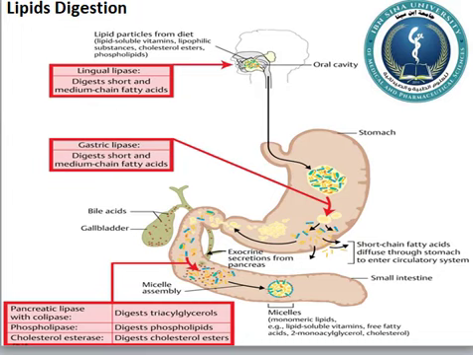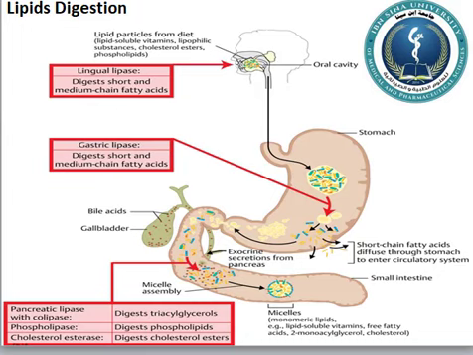Now, when we discuss lipid digestion, lipid is a hydrophobic molecule, so it is poorly absorbed from the intestine. This hydrophobic molecule needs to be processed to be more hydrophilic, or more easily absorbed.